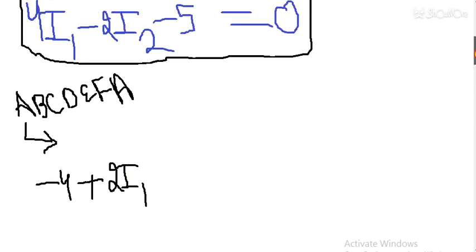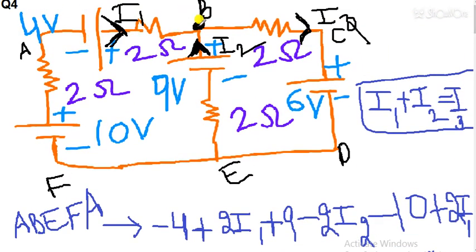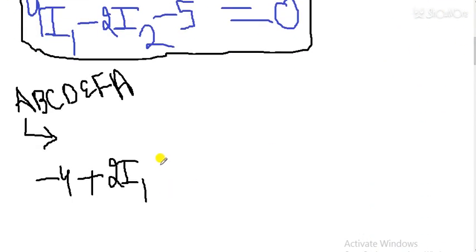Then I have to see. So we have moved up to this point. Now B, B2, so 2I3 plus 6. Because we are moving in the direction of I3, so plus 2I3. Now moving from the battery terminal positive to negative, so plus 6 will be there.